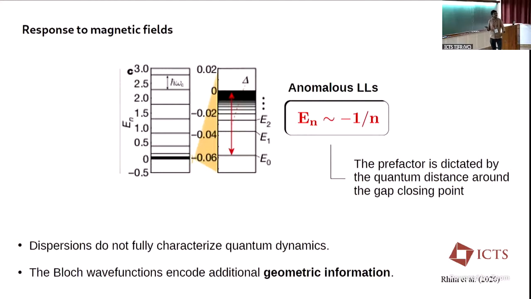I will tell you what that parameter is. And again, the dispersions do not fully characterize these quantum dynamics. Instead, you need more geometric information beyond the regular dispersion relations.